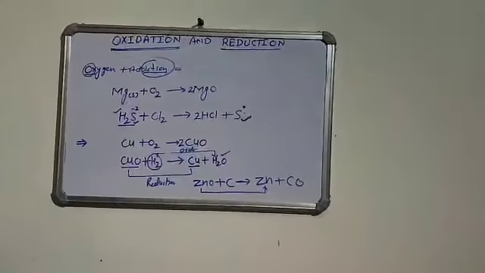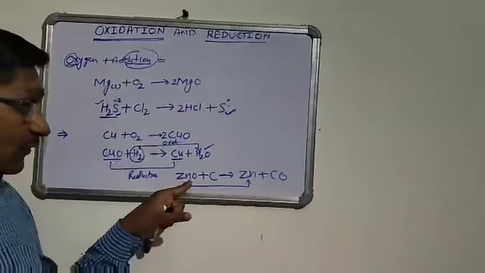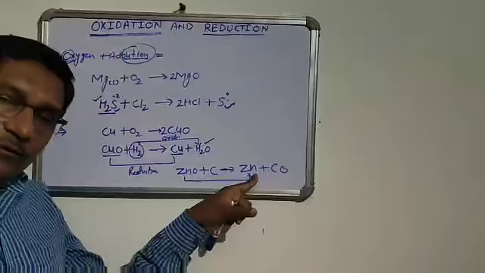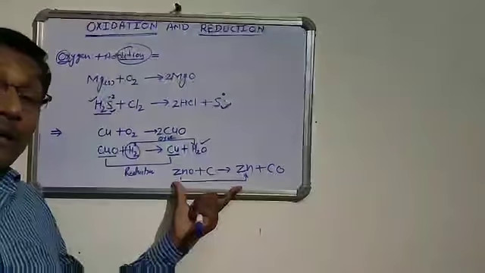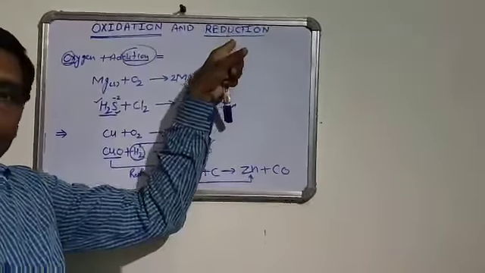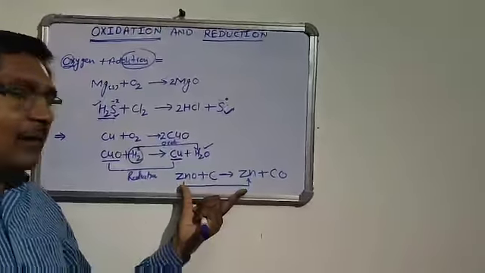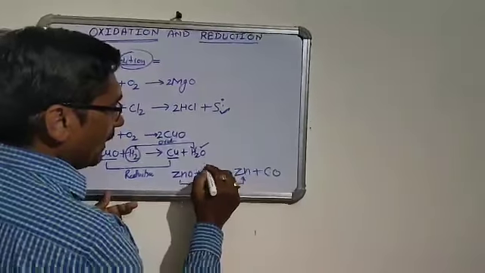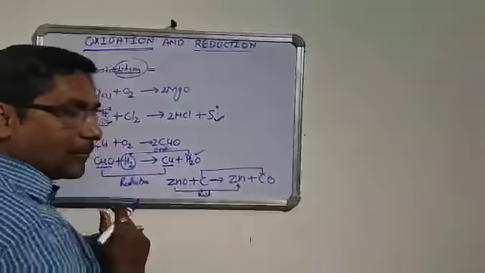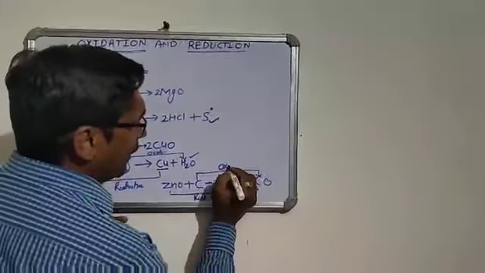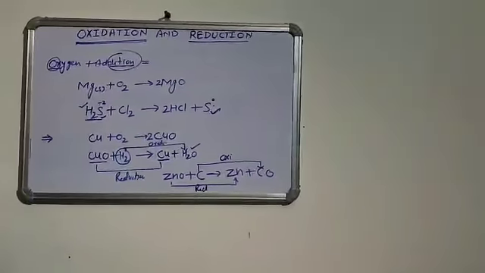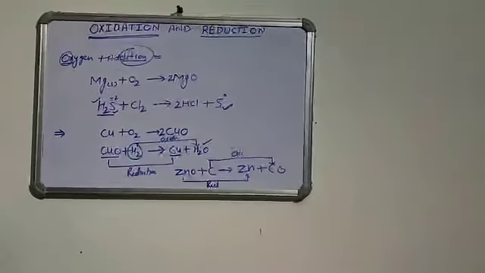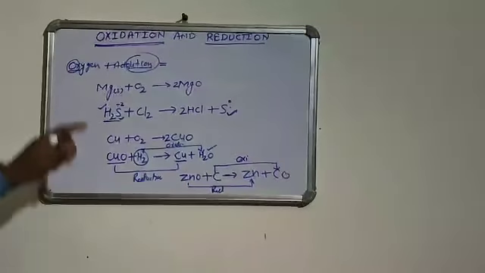This is removal of oxygen from zinc oxide and it's converted into zinc. Therefore removal of oxygen is called reduction. Therefore it is a reduction process. And carbon getting oxygen converted into carbon monoxide is called oxidation. Okay, these are the examples of oxidation and reduction.